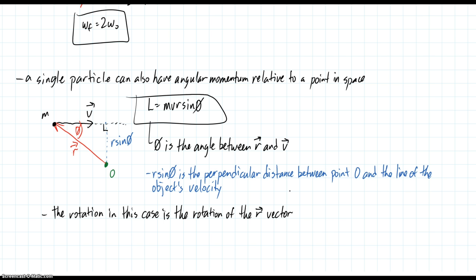We would treat it in exactly the same way. We could have a collision between a single particle and an extended object in which both linear and angular momenta are conserved, and this angular momentum of a single particle would be on exactly the same footing conceptually as the angular momentum of a solid object rotating.